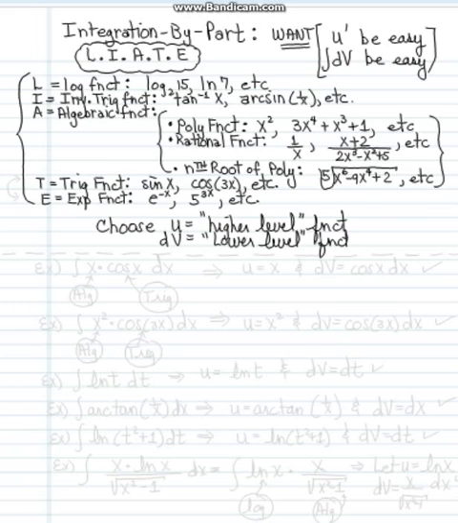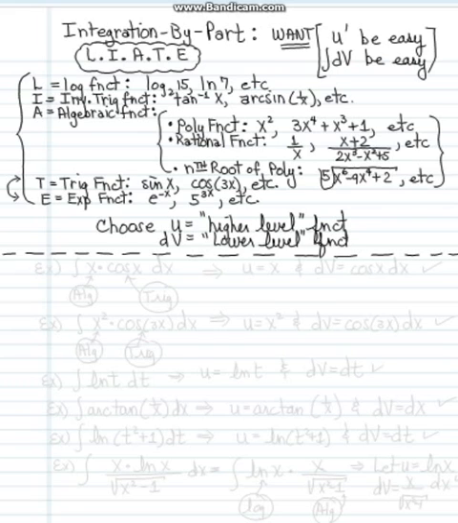The thing that's complicated about this is that sometimes the T and the E swap places as far as which one's higher level and which is lower level. That makes it more difficult. What I'm going to do is take the examples we've seen in class and try to choose the u and dv using this method. And remember, it's always about u prime being easy to calculate and the integral of dv being easy to calculate.